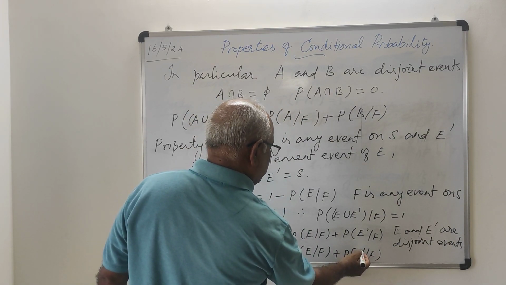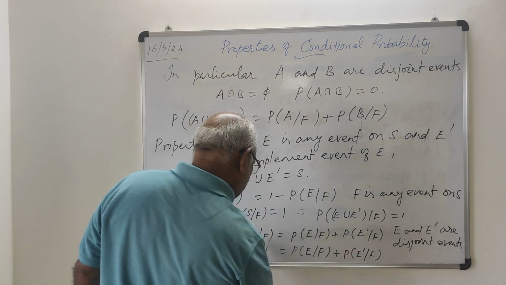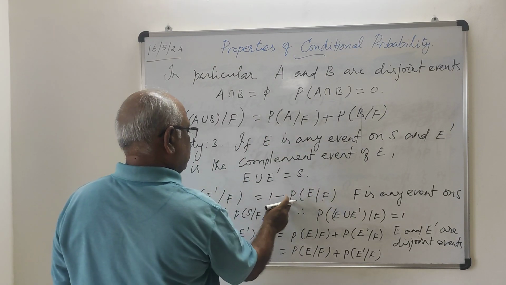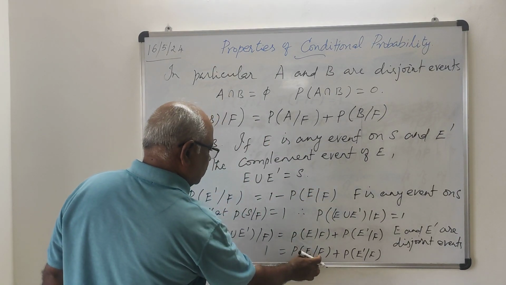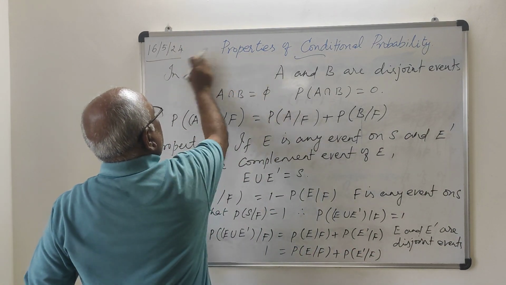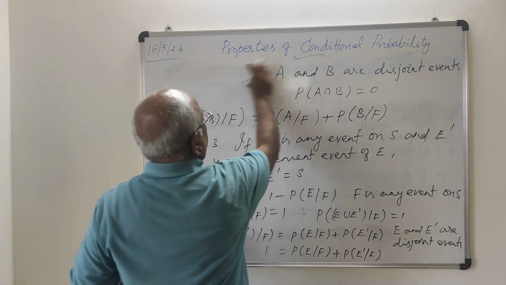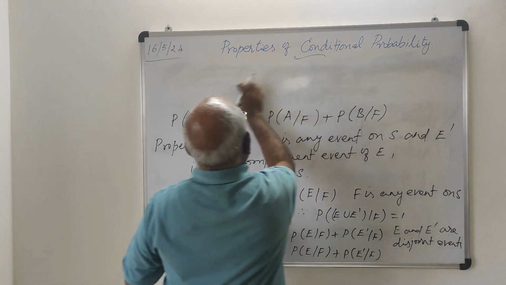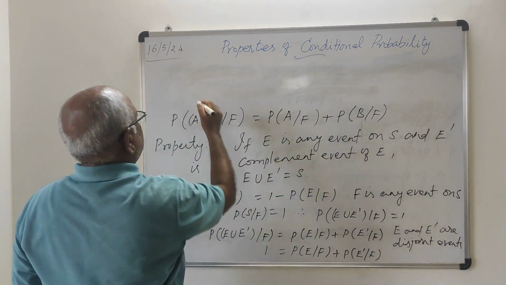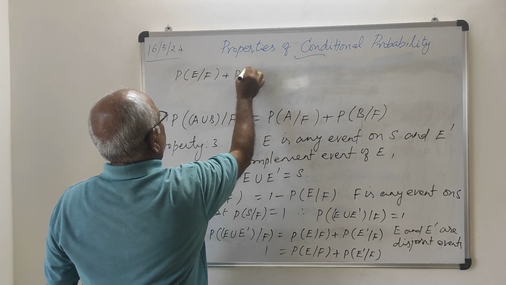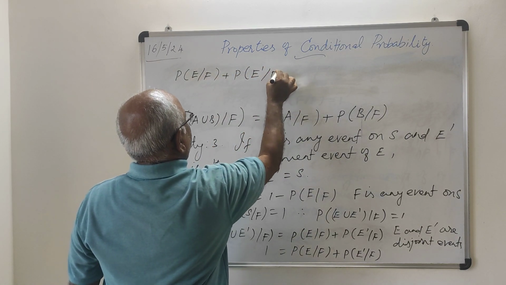So from this, P of E dash slash F is equal to 1 minus... That is the property. From this expression, you keep P of E dash slash F on the left hand side itself. This result gives you P of E slash F plus P of E dash slash F is equal to 1.